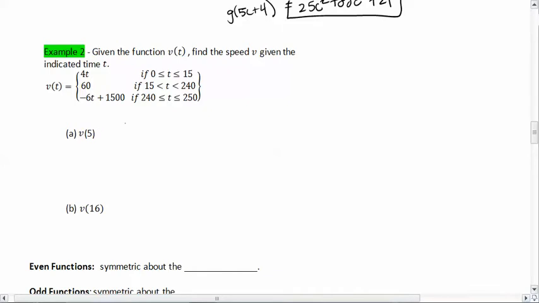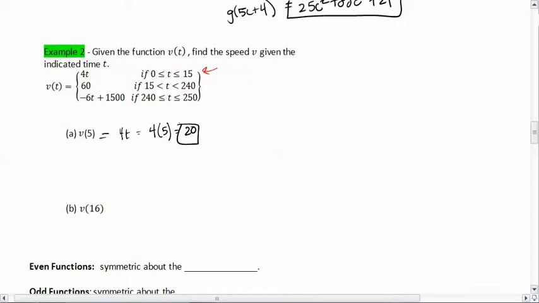If we have v of 5, we're looking at this very first option because 5 is greater than 0 and less than 15. So we're going to say v of 5 is equal to 4t is equal to 4 times 5, which is 20.